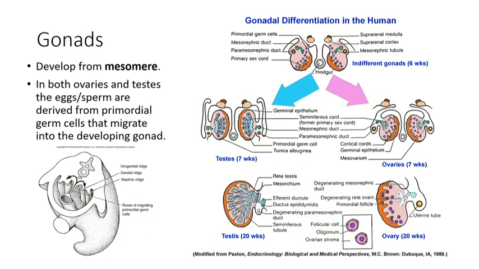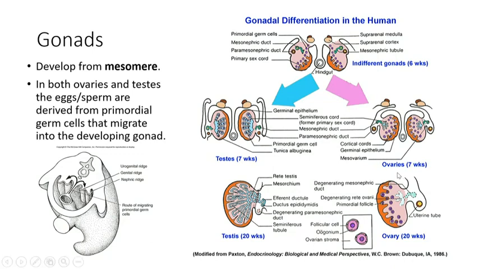And so males are on a track to form testes and the external genitalia that we associate with males. Females are conversely on a track to develop ovaries and, again, the external genitalia that we associate with the female sex.